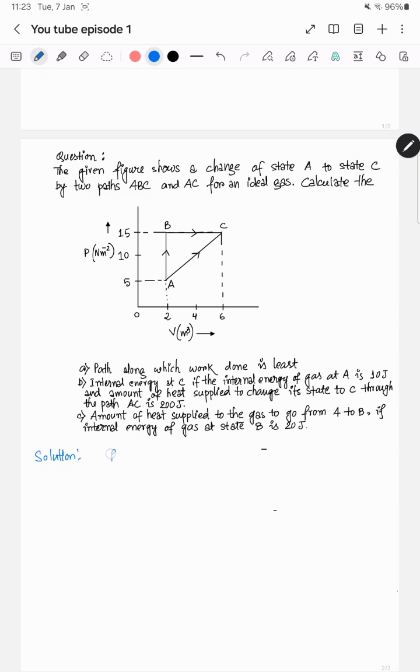One pathway, you can see, is A, B and C. It is going in this direction, so ABC. And one pathway is clearly visible, AC. So you have to calculate the work done for these two pathways.